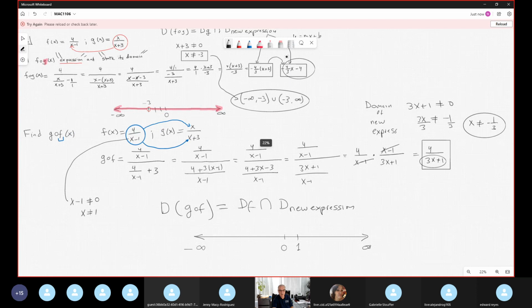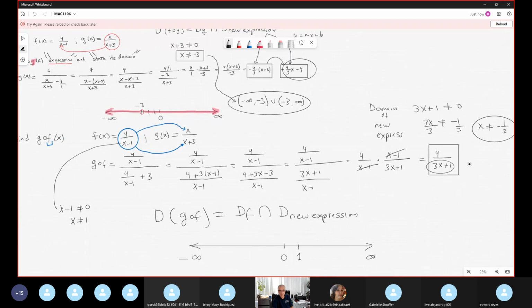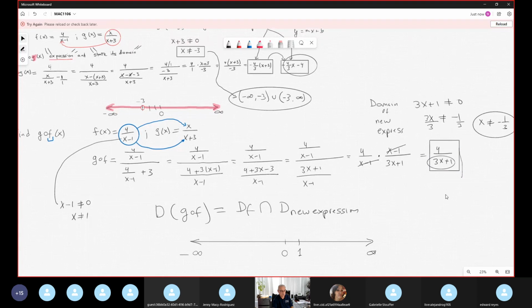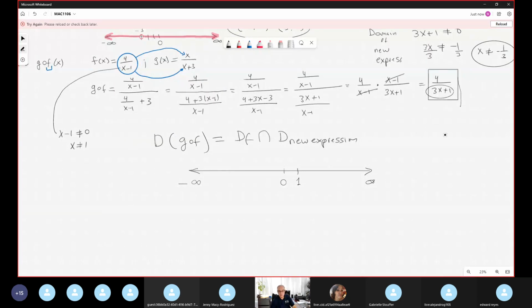And negative 1/3, using my imagination, is here. At negative 1/3, we have a hole. And at 1, we have another hole. The domain is from negative infinity to negative 1/3, and between negative 1/3 and 1, and after the 1 to infinity.